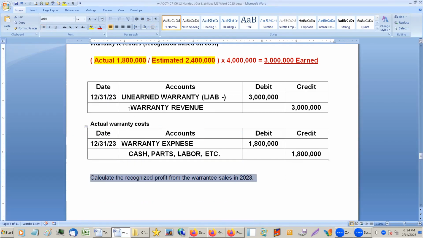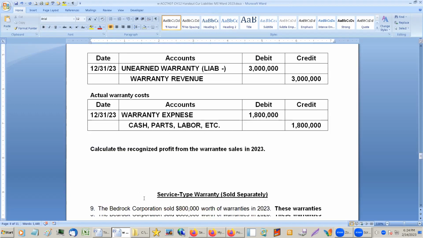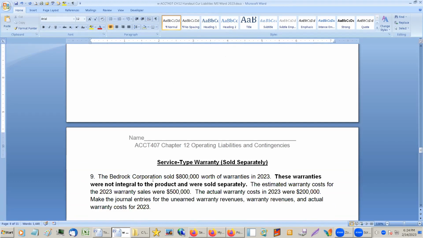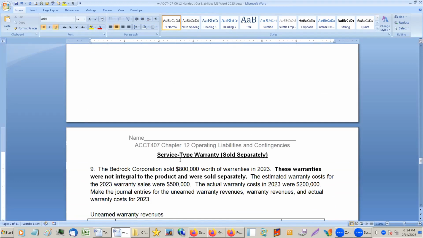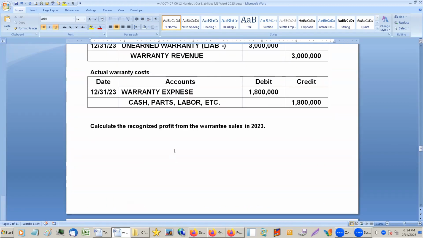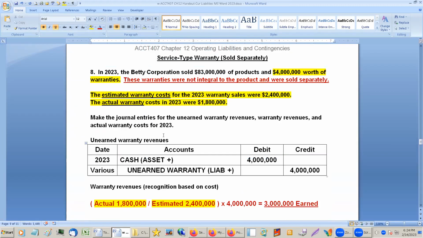Okay, so what would the profit be? Warranty sales in 2023. Oh, come on, you guys are toying with me.